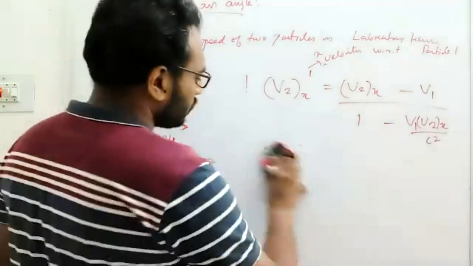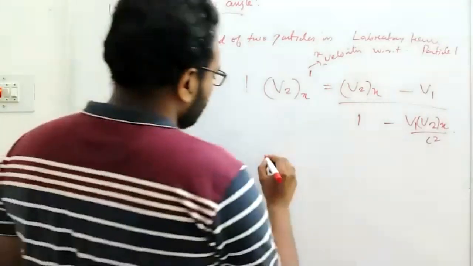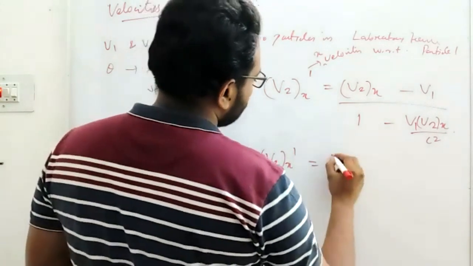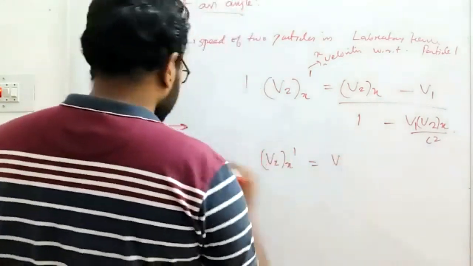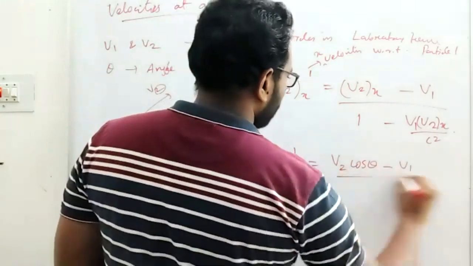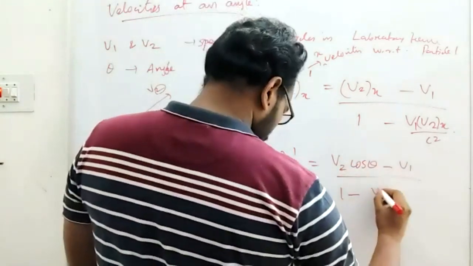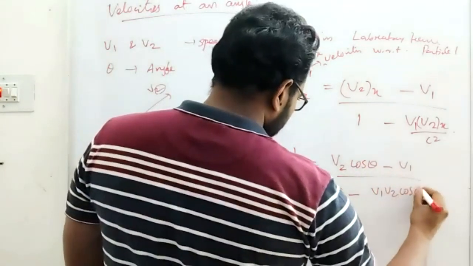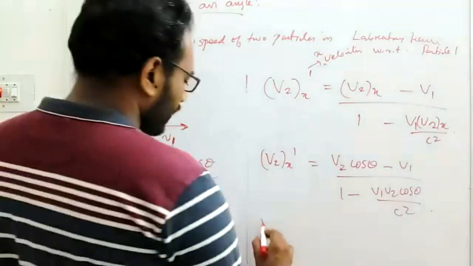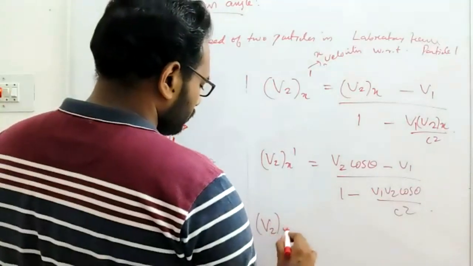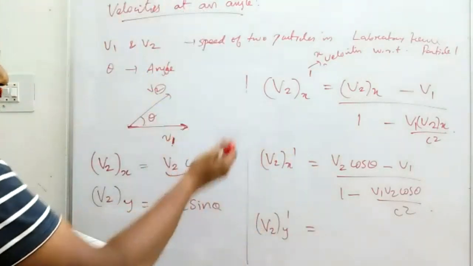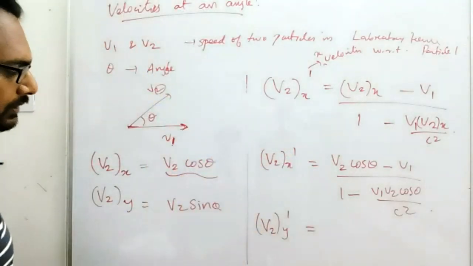We already have this component, so we can write V2x' is equal to V2x, which is simply V2 cos theta, minus V1, divided by 1 minus V1 V2 cos theta divided by c square. That's V2x'. What's V2y'? Vz is 0, since we are talking about a plane, so Vz' is also 0.